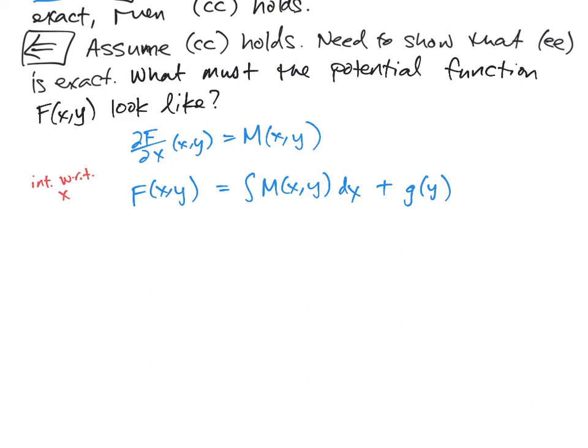It's constant in x, so there could be some other stuff there that has y's in it. Okay. And now that we have this, we also know one other thing about big F, which is that its derivative with respect to y equals N.